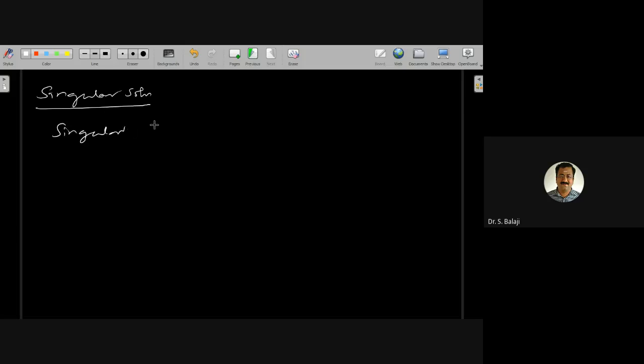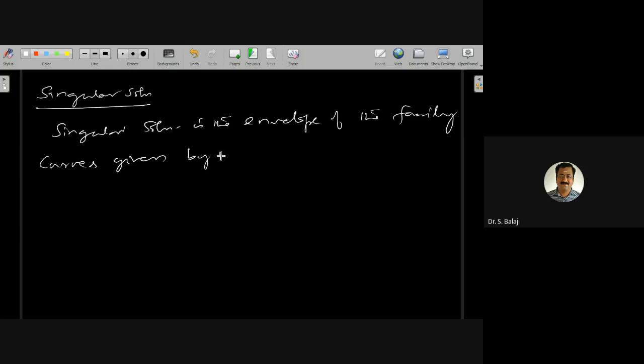The singular solution is the envelope of the family of curves given by the general solution. This is the idea you can get here.